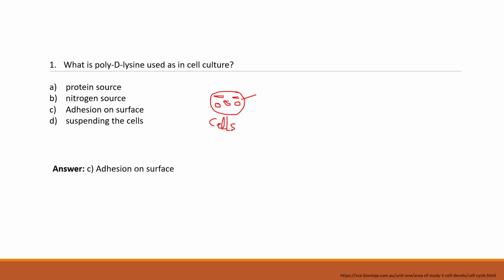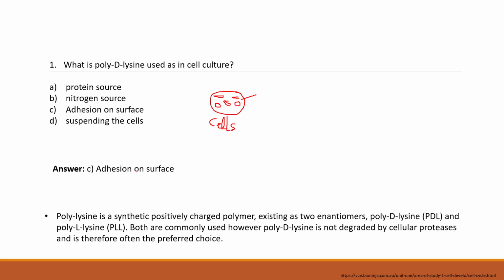Mostly, whatever plates or cell culture dishes we use in the lab for culturing cells will be TC treated, that is, tissue culture treated plates. These plates help in adherence of your cells. Why polylysine?